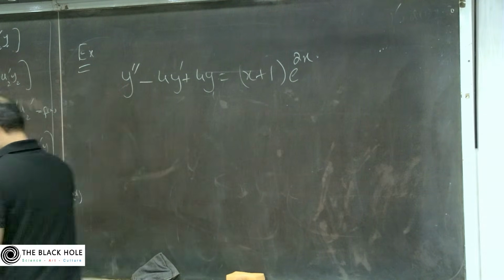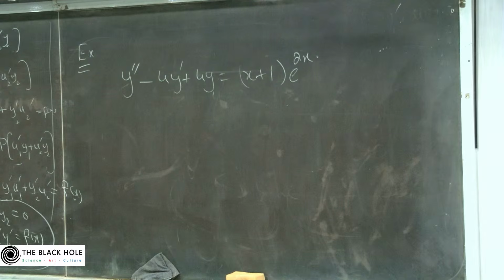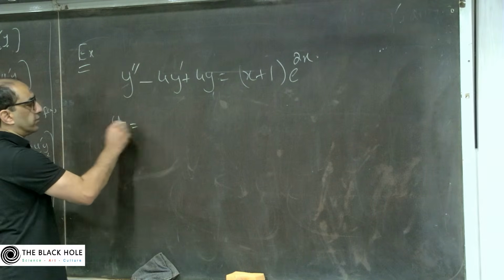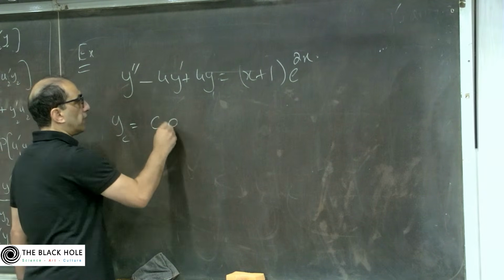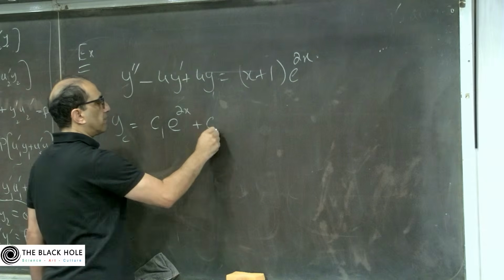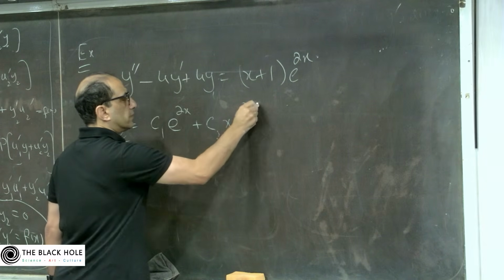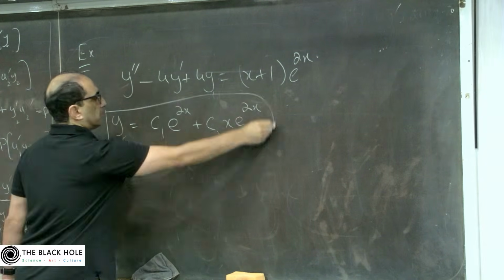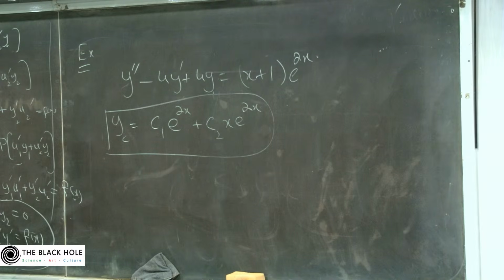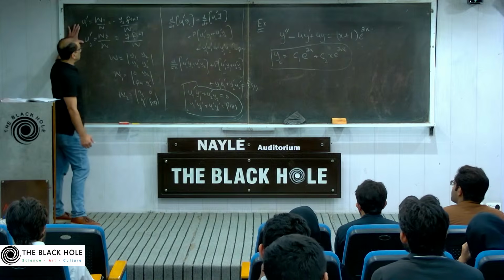As you can figure out, these are repeated roots, and the solution that I will have is yc equal to c1 e raised to power 2x plus c2 x e raised to power 2x. So you have your y1 and y2 with you now.